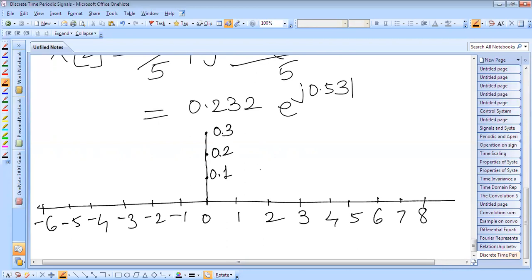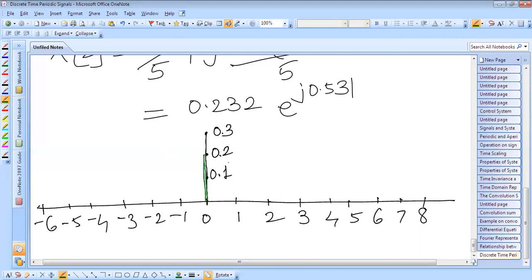Okay, so for x of 0, x of 0 is 0.2. So this is x of 0.